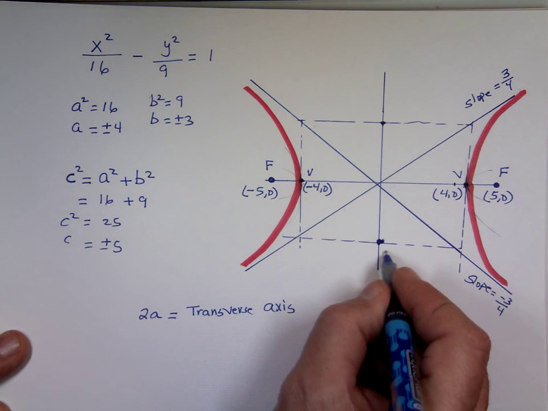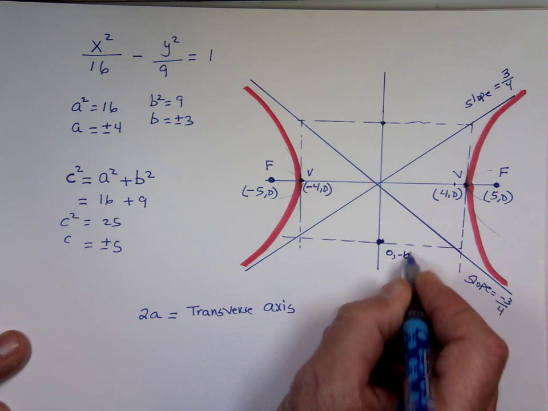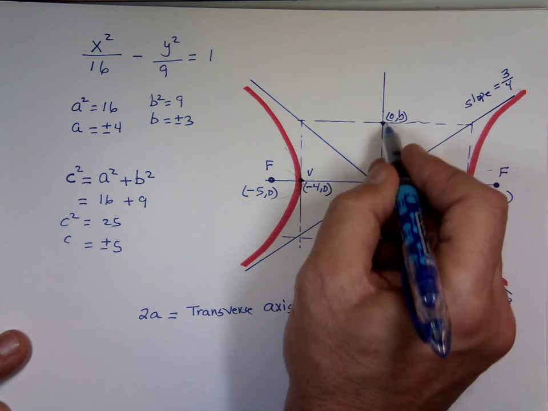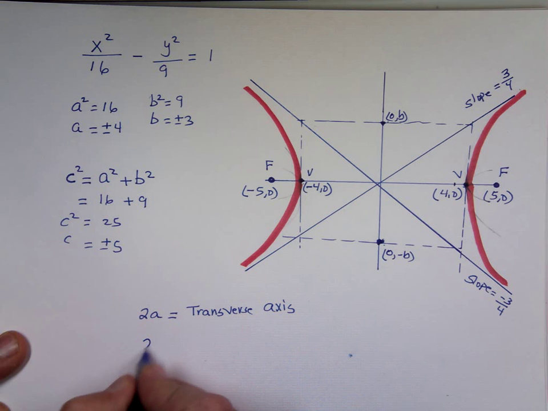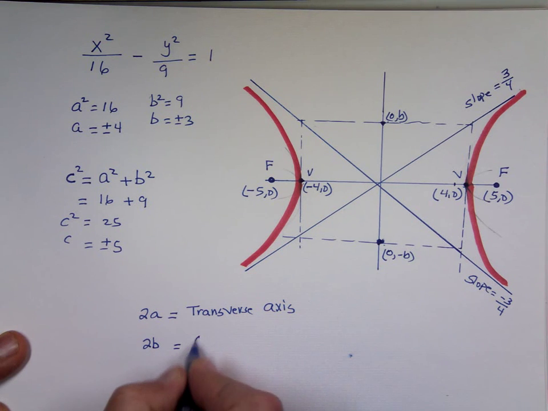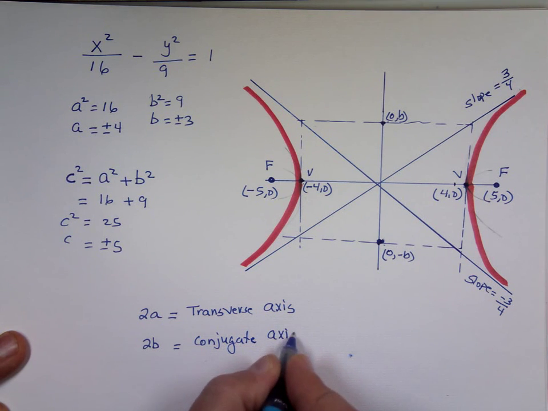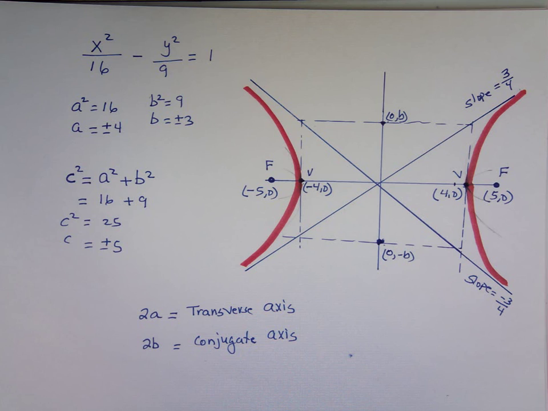Remember, this is 0 comma negative B, and this is 0 comma B. The distance from that point to this point, which is twice B, is known as the conjugate axis. So if you hear the word conjugate axis, that's twice B. Transverse axis, that's twice A.